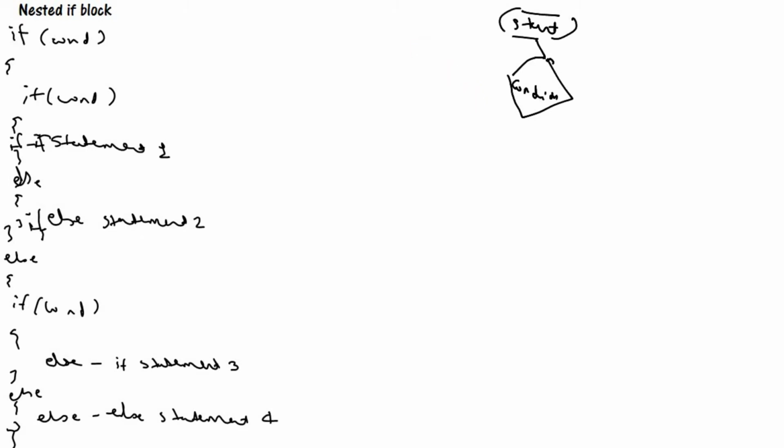If the outer condition is true, it will check the inner if condition. If the inner condition is also true, then it prints the statement, that is if statement 1. We have two options, first is true and second is false.